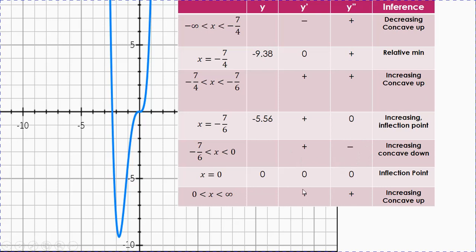At x equals 0, first derivative is 0, so we have candidate for minimum or maximum relative point. But since the second derivative is 0, the test fails, and we're going to have inflection point. And if we choose x bigger than 0, first derivative is positive, so the original function is increasing, and it's concave up since the second derivative is positive.